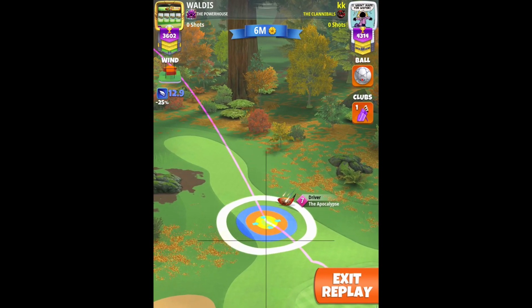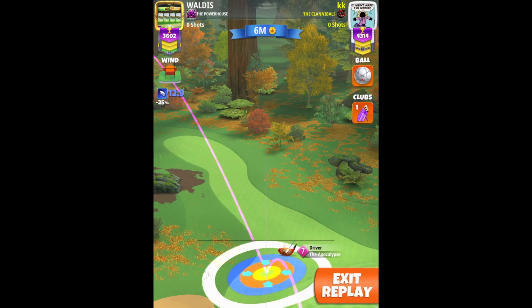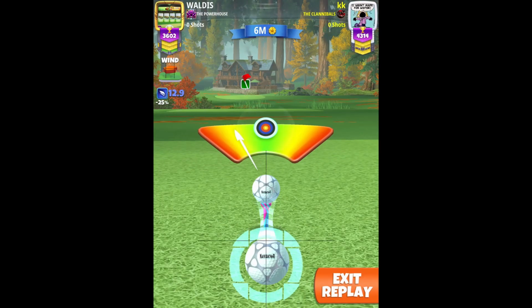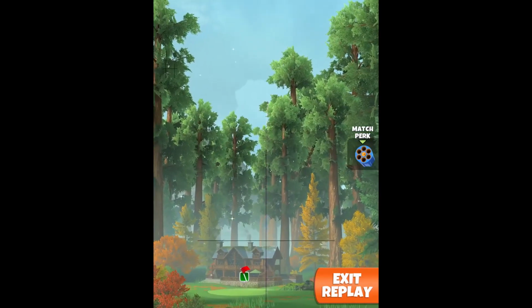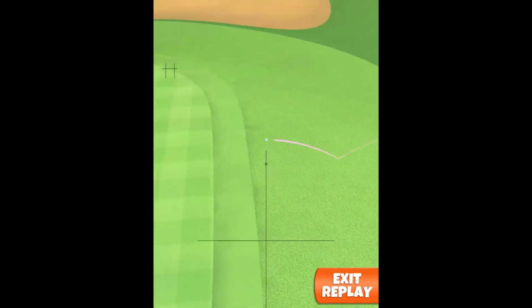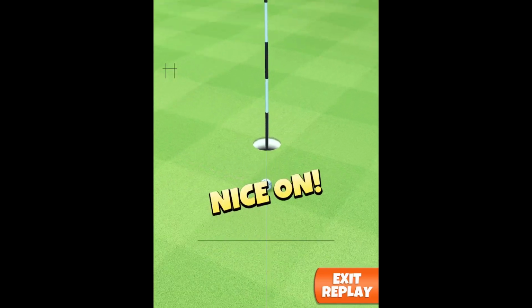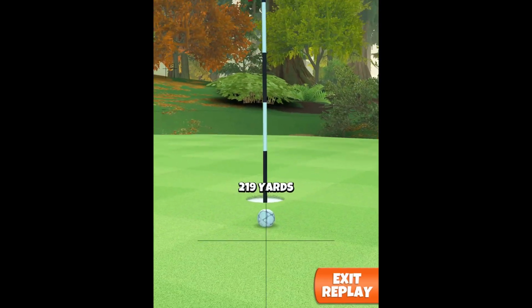I adjusted plus 5% min. And I great righted it again and missed right. So that's always good information.